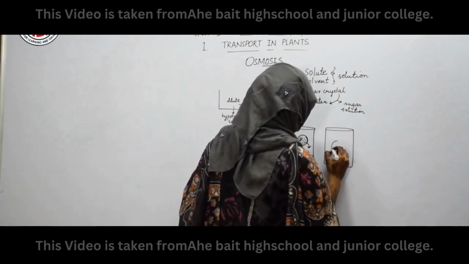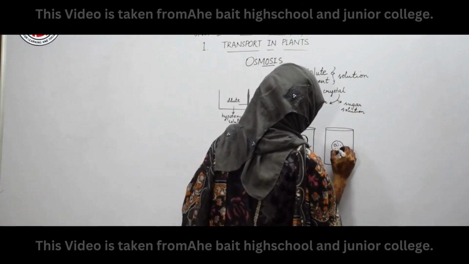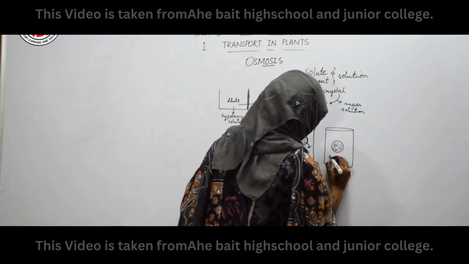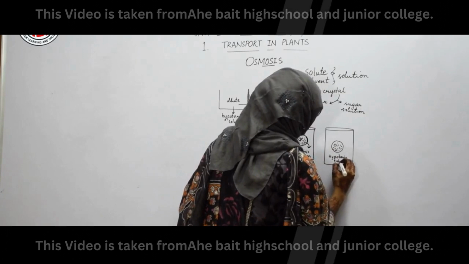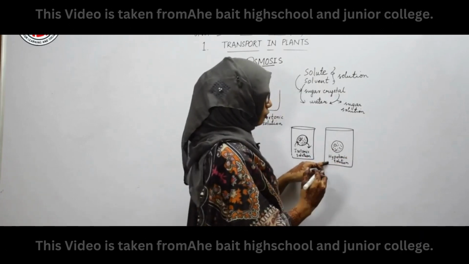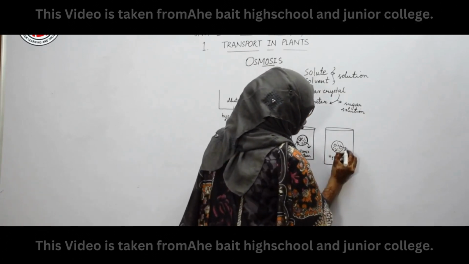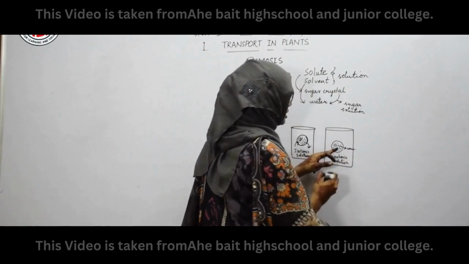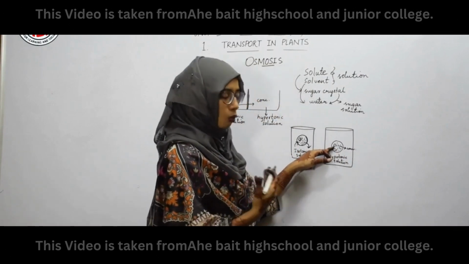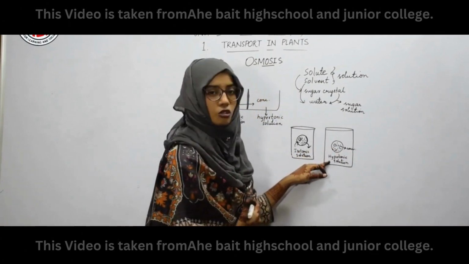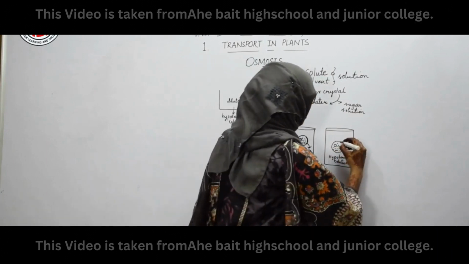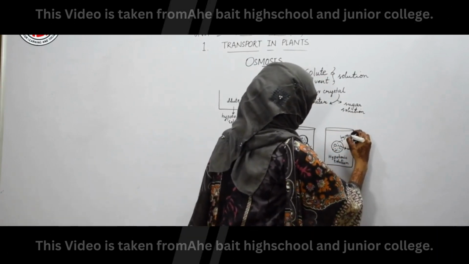Now, in situation 2, we place the animal cell in a hypotonic solution, which is a less concentrated solution. We can see that the concentration of the cellular content is more when compared to the concentration of the hypotonic solution, so we can term it hypertonic.